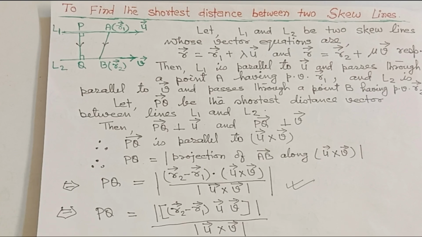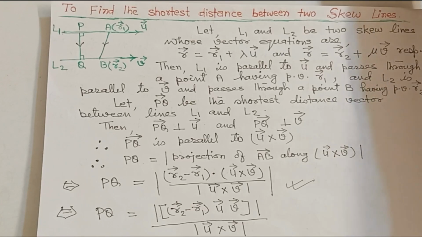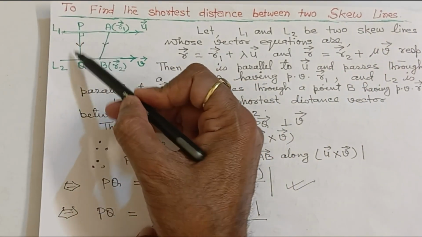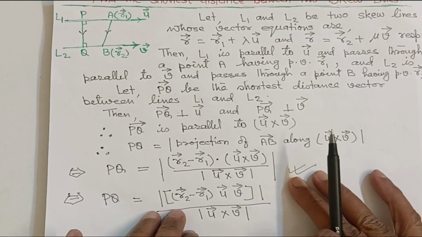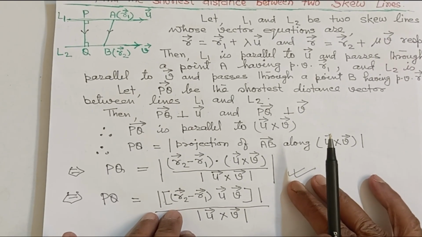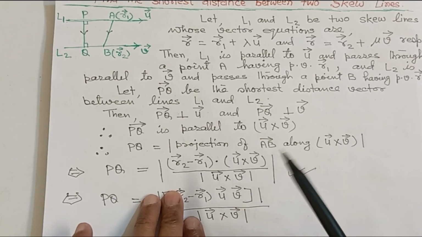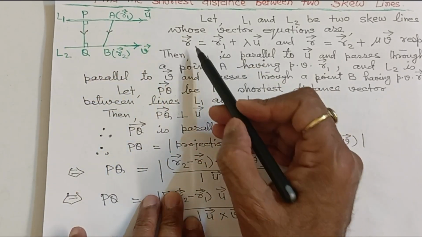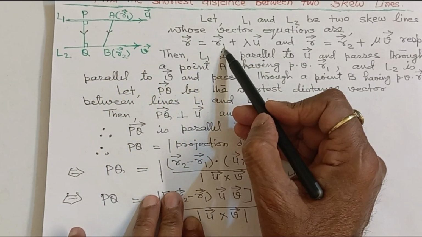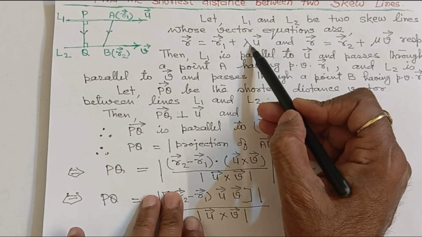So here L1 and L2 are two skew lines, whose vector equation of L1 is vector r equal to vector r1 plus lambda vector u, where lambda is a scalar.